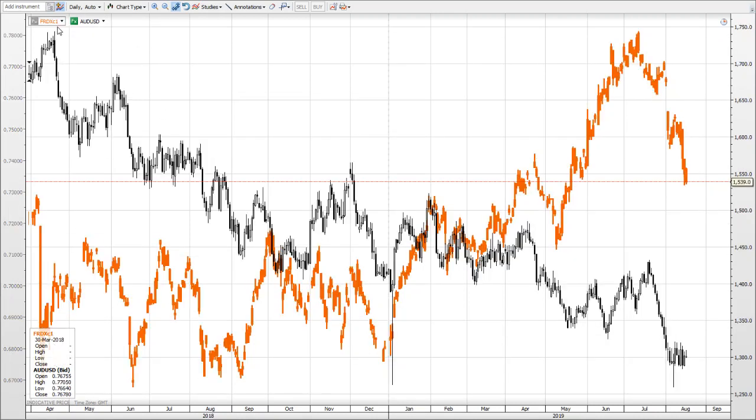and the Australian dollar against the US dollar has still failed to break higher.